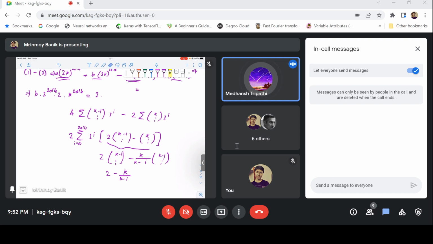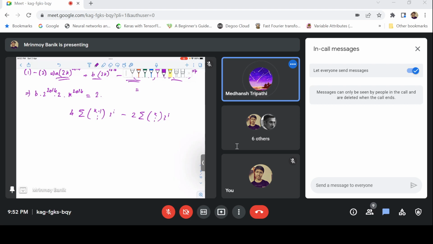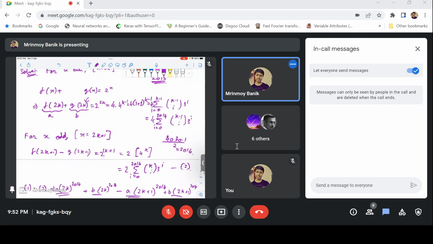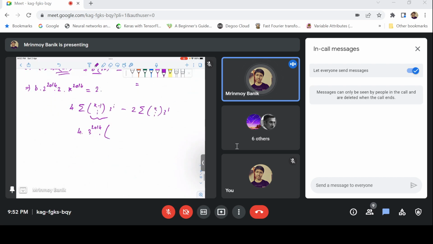Basically, this is a polynomial in k, right? So the coefficients must be the same. We should only equate the highest coefficient. So the highest one, from here we're getting 4 times 3^2014, and this k can go up till 2015 also, right?